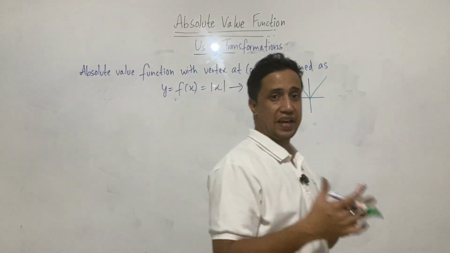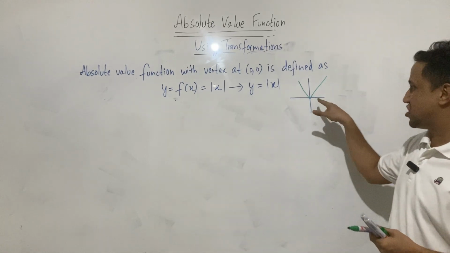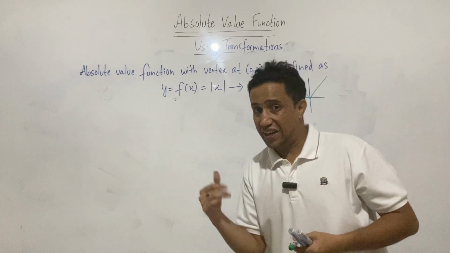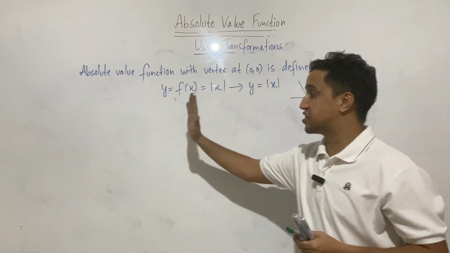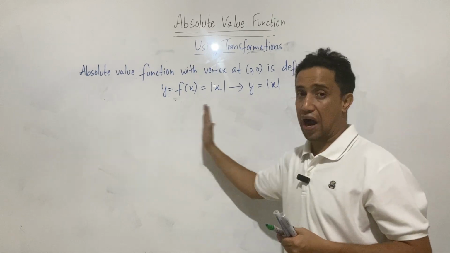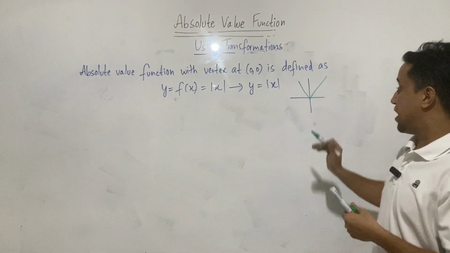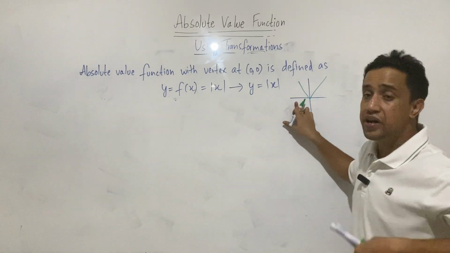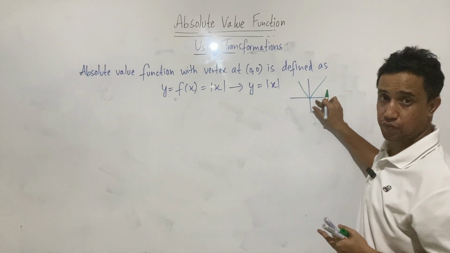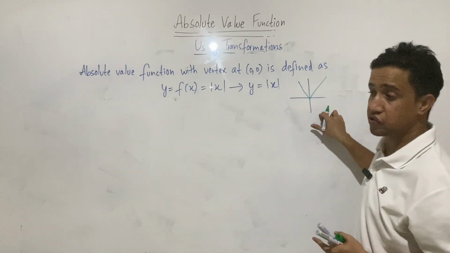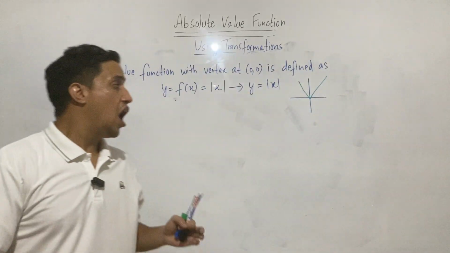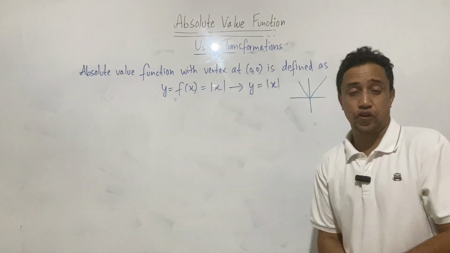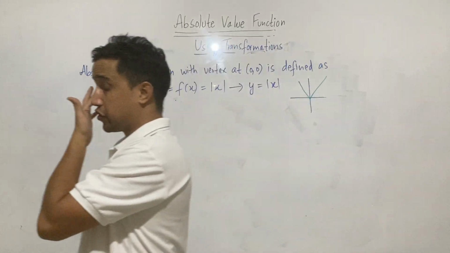There are going to be cases when your vertex is not at 0, 0, or instead it has some x-intercept on the right or on the left, or it has some y-intercept, up or down. If that's the case, how are you going to sketch the graph?